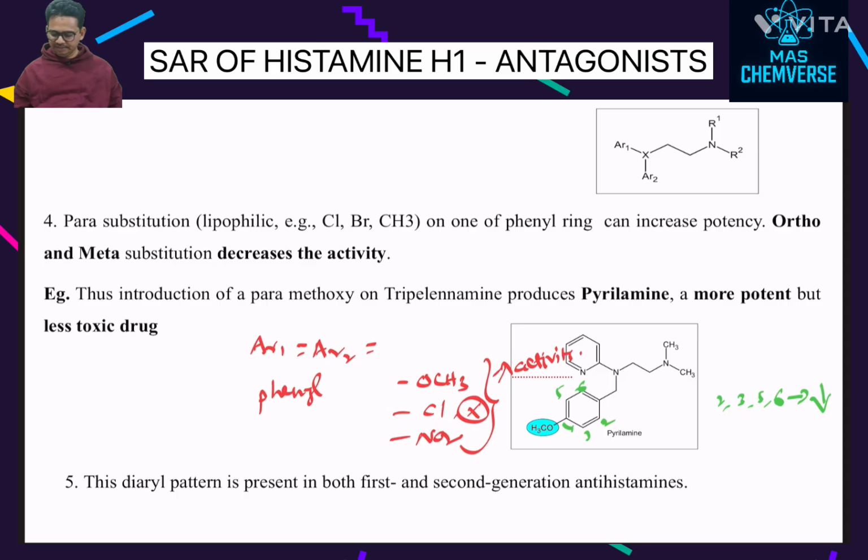Which position increases activity? Only the fourth position, with any substitution. What substitution should there be? Either methoxy, chloro or nitro. Okay, I hope you understood this point.